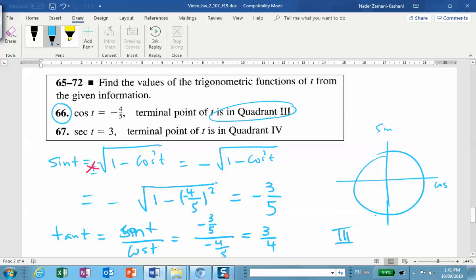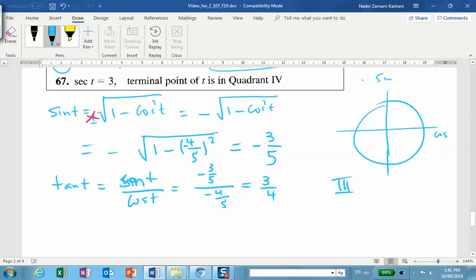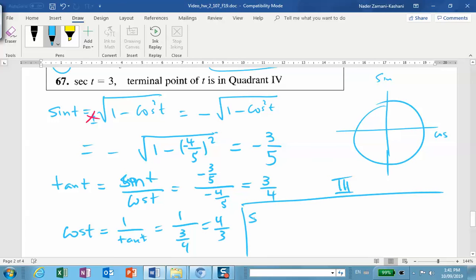What else do we have? Cotangent. Cotangent of t is equal to 1 over tangent of t, and I'll just plug it in: 1 over 3 over 4, which is 4 over 3. Secant of t is 1 over cosine of t.